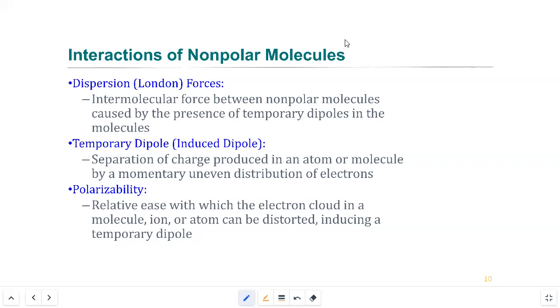These are attractions that are caused by the formation of what are called temporary dipoles. Now, a temporary dipole is just a moment of time where the electrons in the atom or the molecule have moved around to the point where we can see that there is a separation.